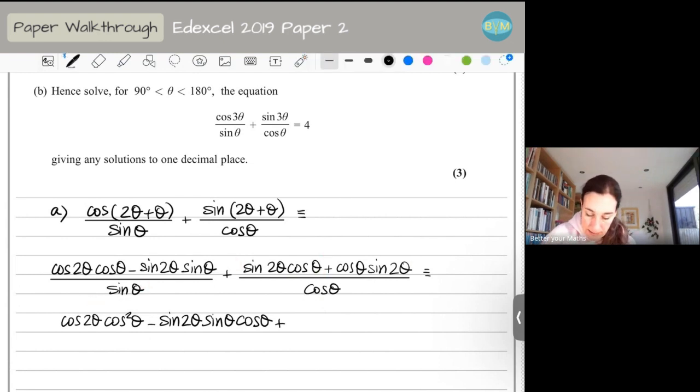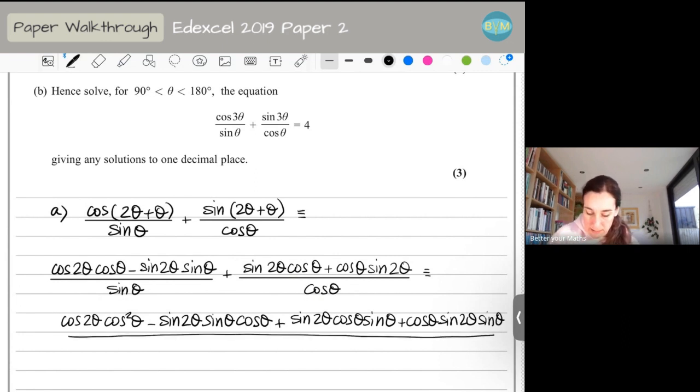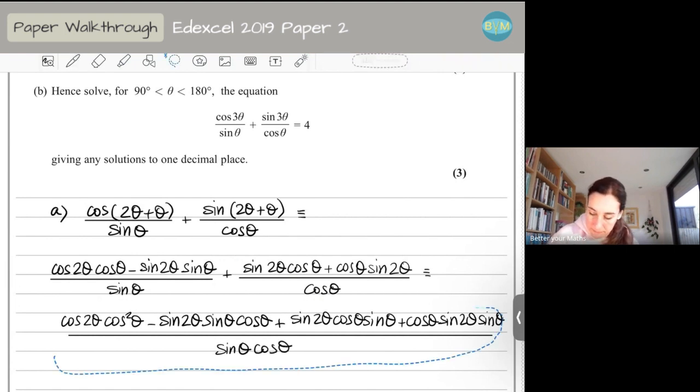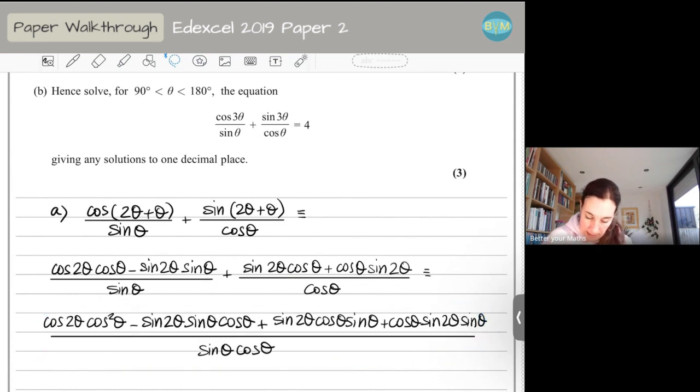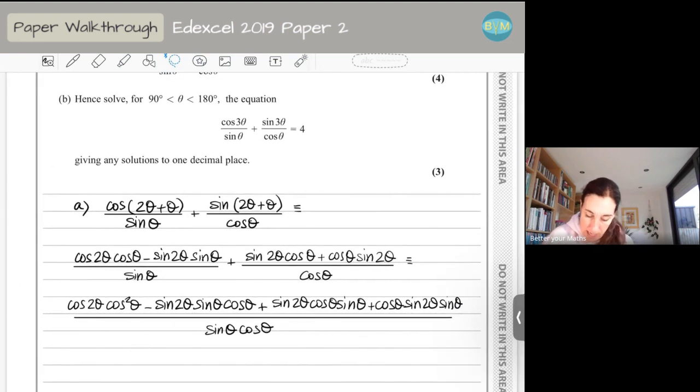So I have sine 2 theta cos theta sine theta plus cos theta sine 2 theta sine theta, and all divided by sine cos. Yeah, just adding the fractions. I can cancel what I can cancel.